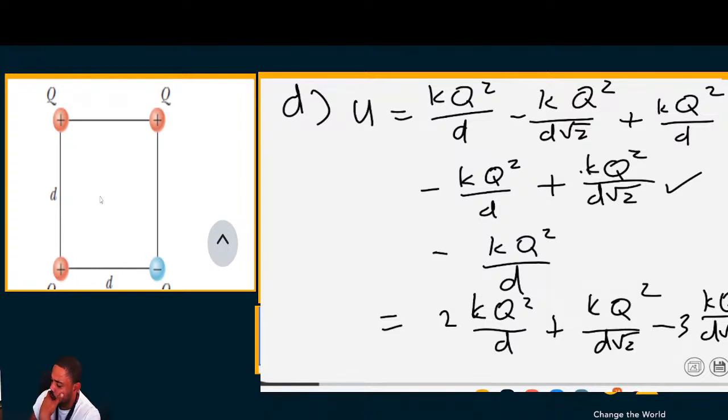Was it 2? No, no. Sorry, it should not be 3. Let me check. kq squared over d, kq squared over d, those two are done. Then we're left with negative kq squared over d, positive kq squared over d.